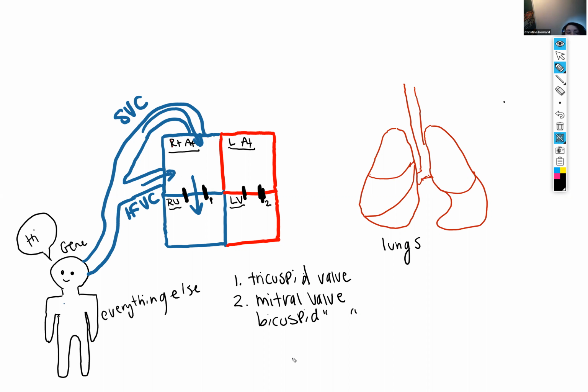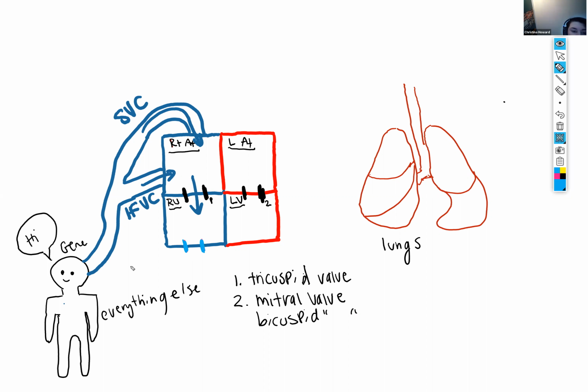Okay, so from the right ventricle, blood is squeezed through another valve. Let's pick a different color for this. Actually, how about light blue, since at this point the blood is still oxygen poor.